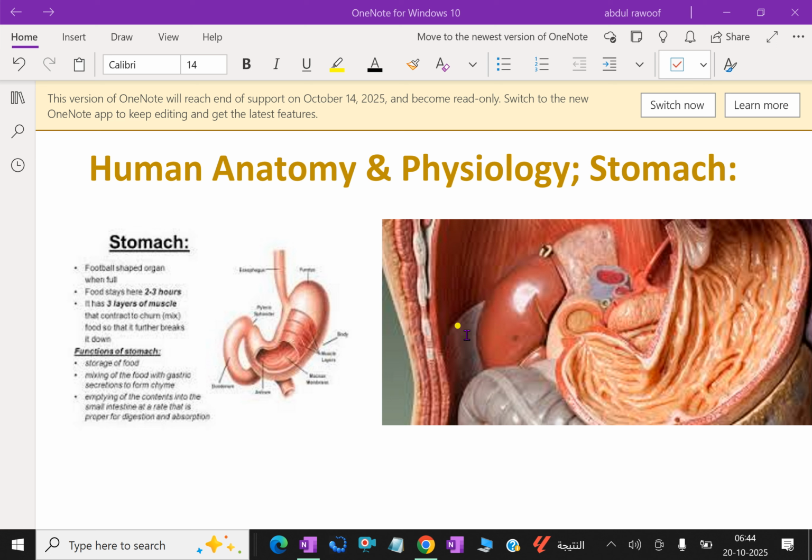It has two curvatures. The lesser curvature is short, lies on the posterior surface of the stomach and is the downward continuation of the posterior wall of the esophagus. Just before the pyloric sphincter, it curves upward to complete the J shape.